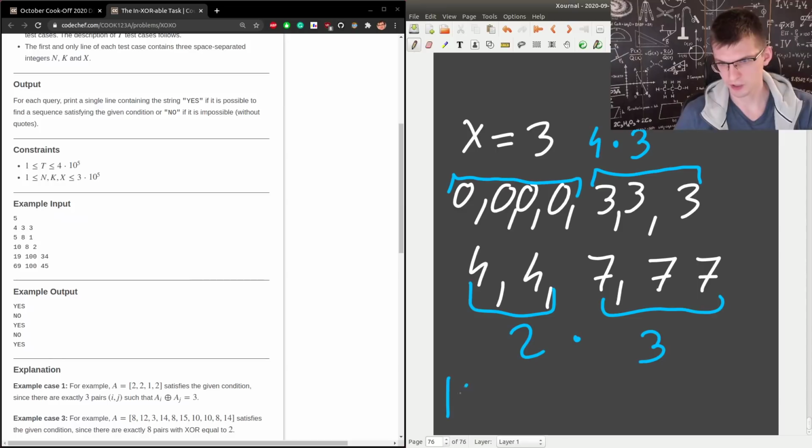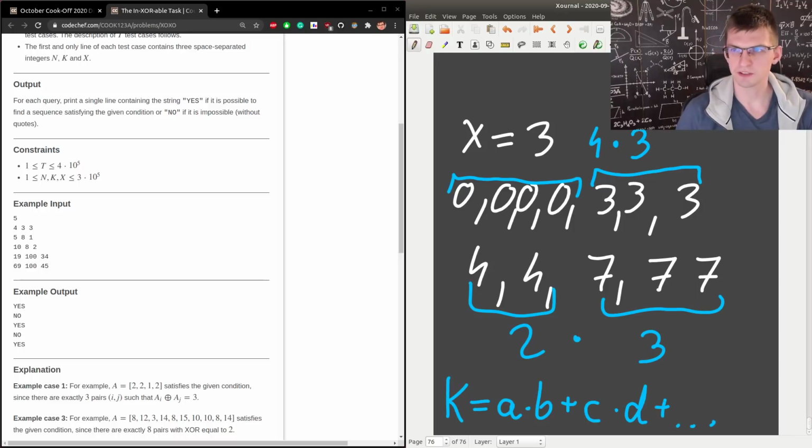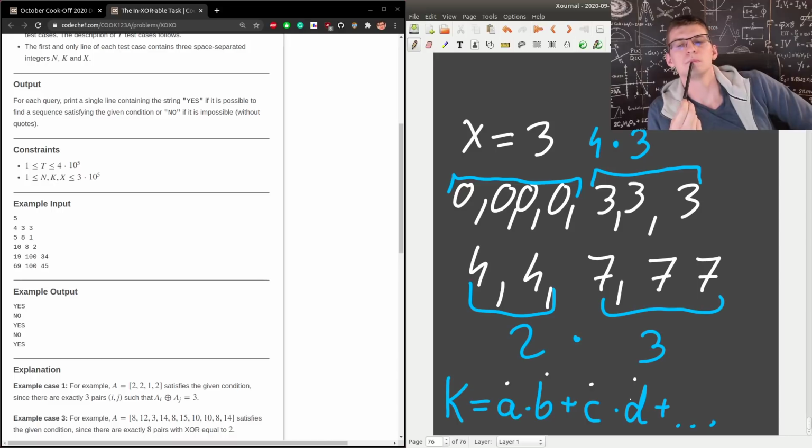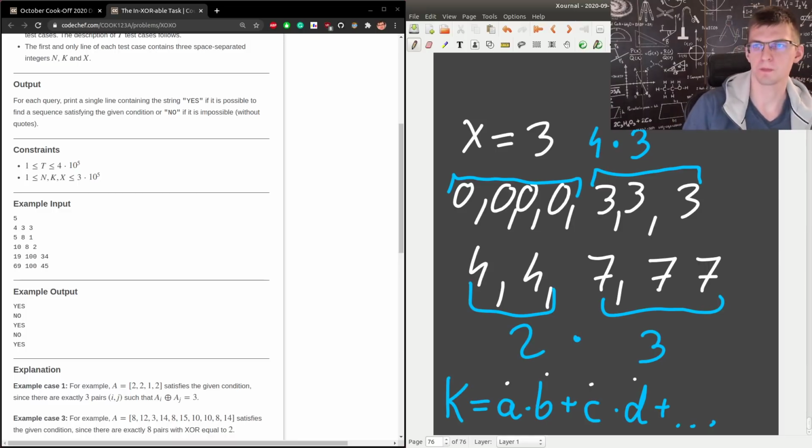The problem becomes write k as a times b plus c times d plus and so on, such that a plus b plus c plus d doesn't exceed n. Can be dp. Hopefully it isn't FFT.